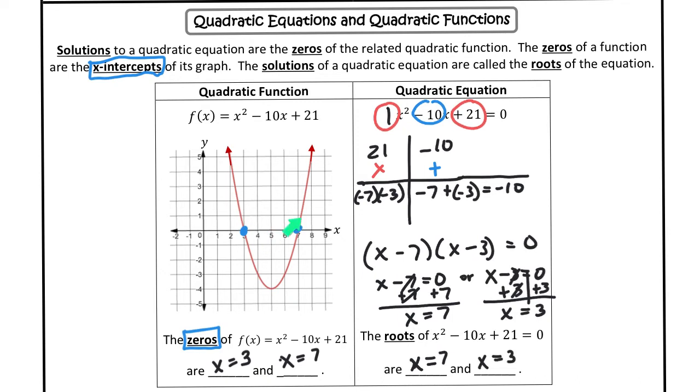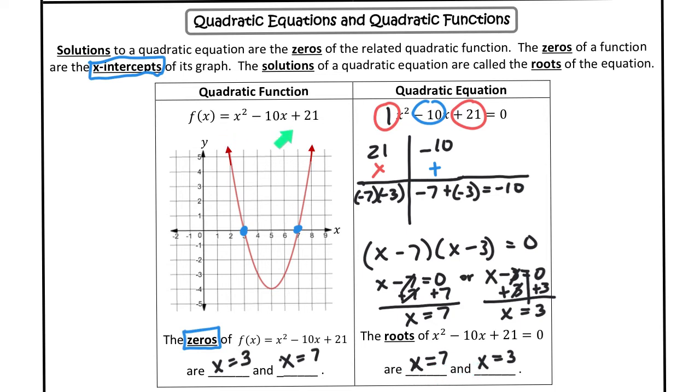All right, so what did we show here? That I can take a function and graph it, and wherever the x-intercepts are, those are my zeros, but those are also my roots. So how did I find the roots?